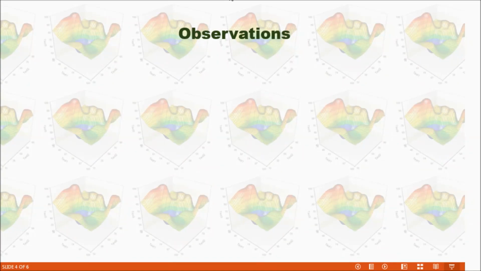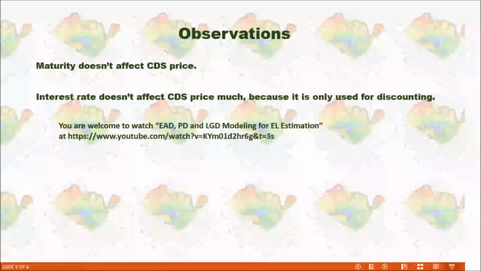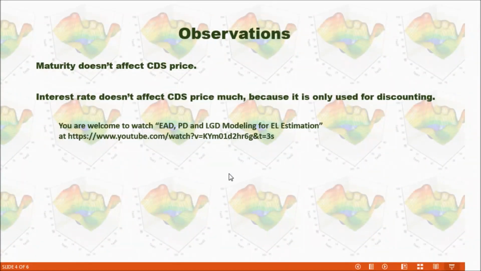Now let me summarize my observations. Maturity does not affect the CDS price. Interest rate doesn't affect the CDS price much because it is only used for discounting. In this model, I just input PD, LGD, and interest rate without any modeling.